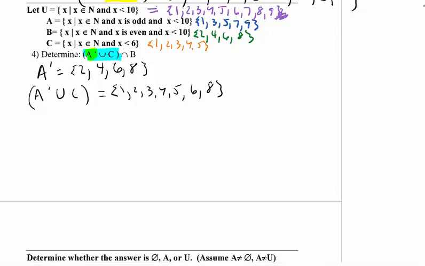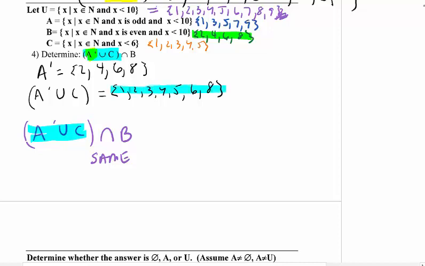My last step is to do the intersection, which is what's the same. And I'm going to highlight here just so it's super clear. B up here is my set 2, 4, and 6. My A prime here, which is that parentheses that we just did here, is listed here.